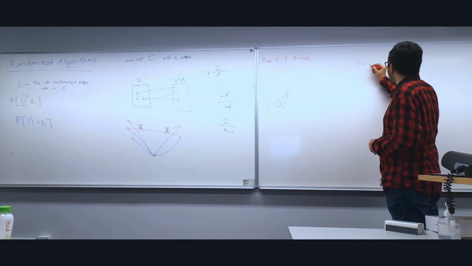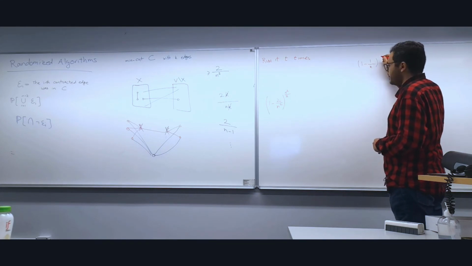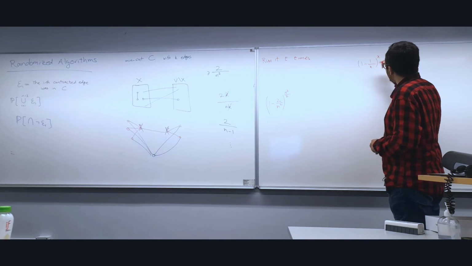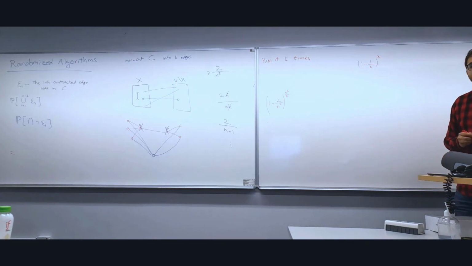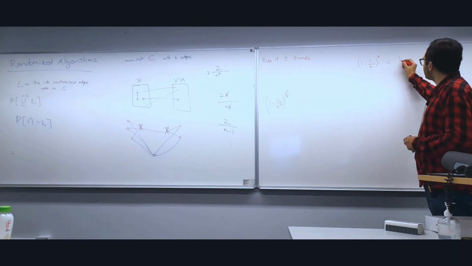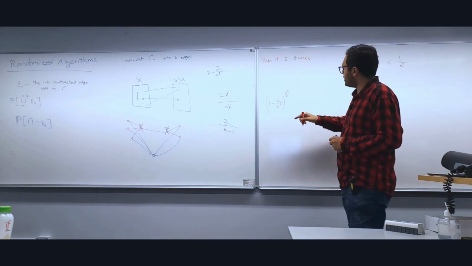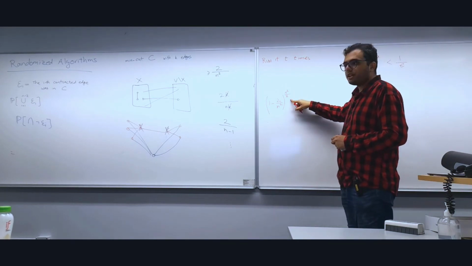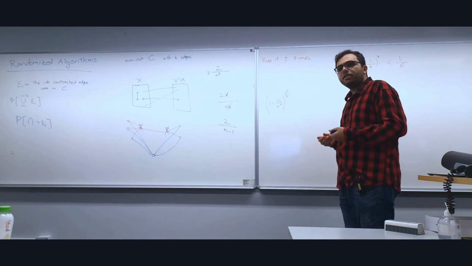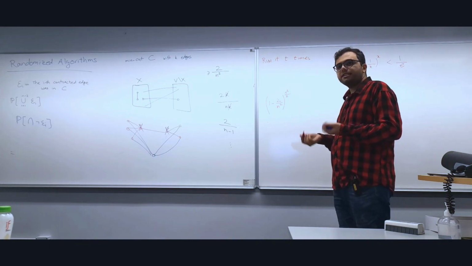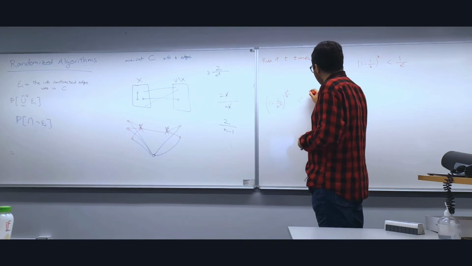So if I take 1 minus 1 over x, and I raise it to the power of x. Do you remember this from calculus? Yes. This is at most 1 over e. So if I run it n squared divided by 2 times, the probability that I don't get the right answer in at least one of the runs is at most 1 over e.